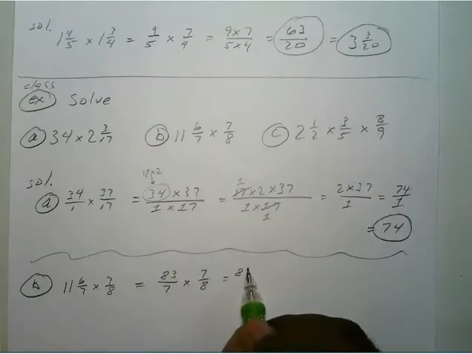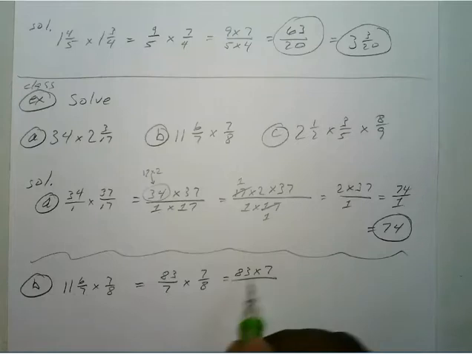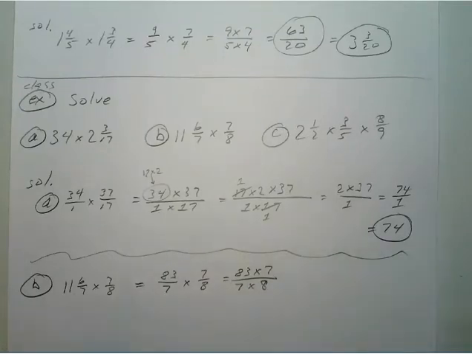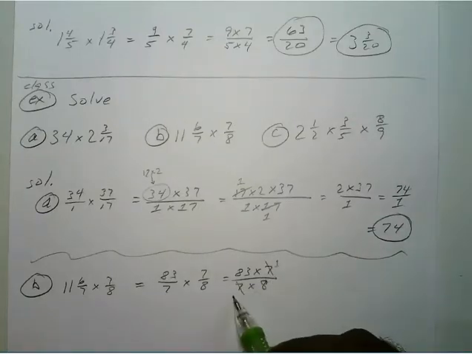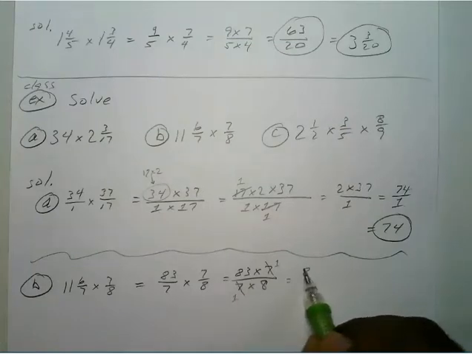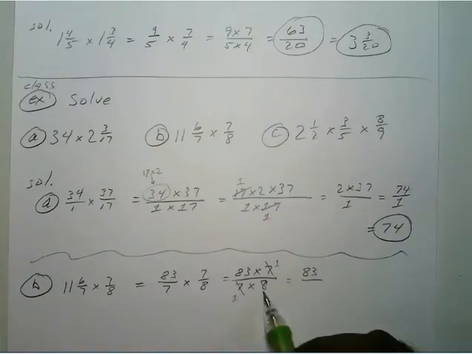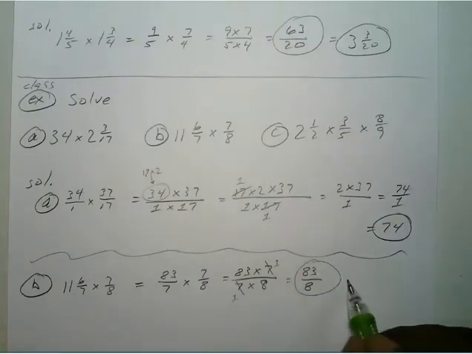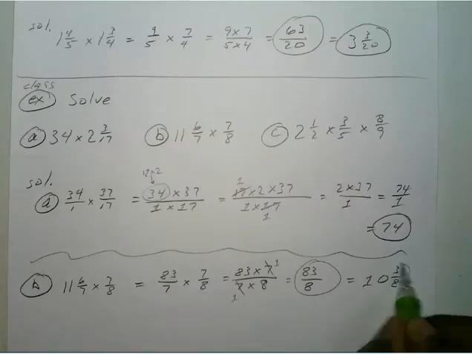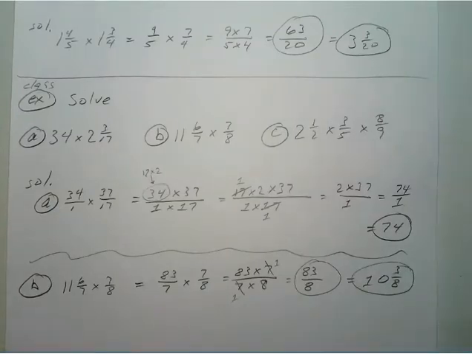So that's 83 times 7 over 7 times 8. We can see here our 7s cancel each other out, which leaves us with 83 times 1 over 1 times 8, which is equal to 10 and 3/8 if you convert it to a mixed number.